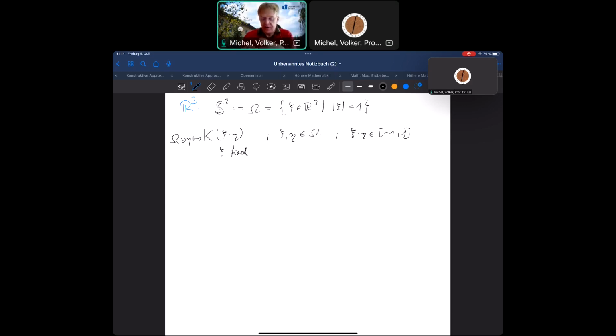Radial basis functions, if you know a bit more about that, if you're not in the spherical setting but in the Euclidean setting, you would say a radial basis function is a function that only depends on the distance to a certain fixed point.